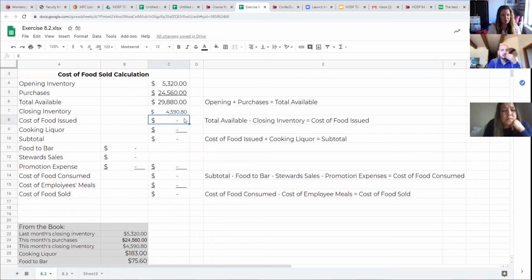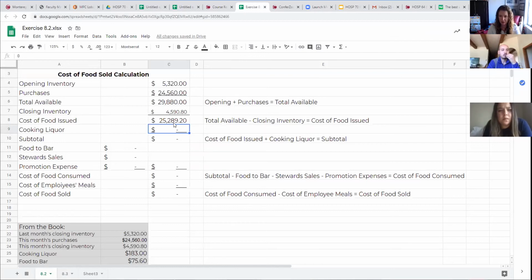So your cost of food issued is total available minus closing inventory. This is how much you're starting with. So you've got about $25,000 of food issued to the restaurants that's been used.